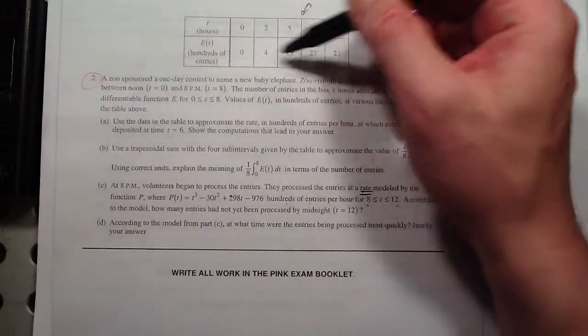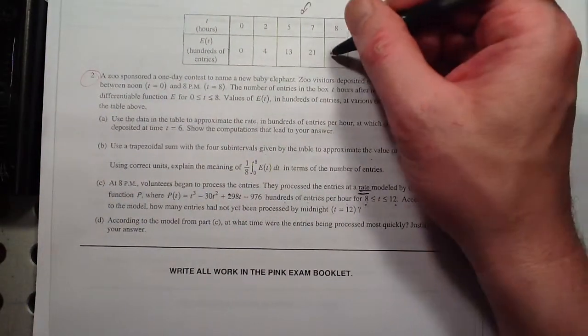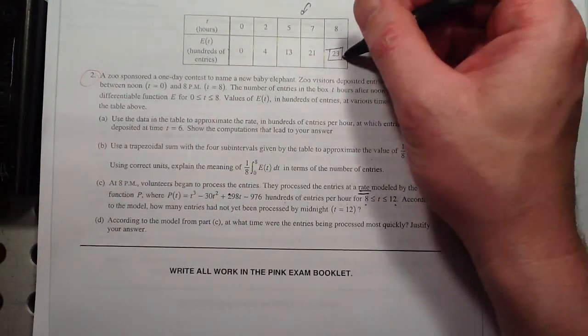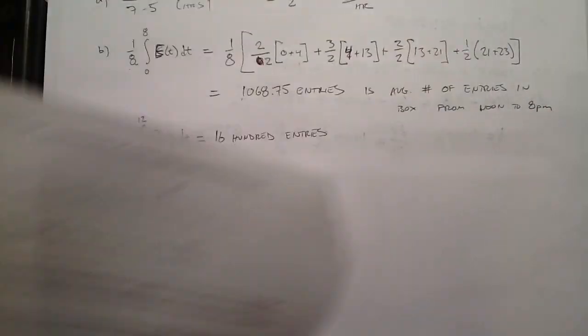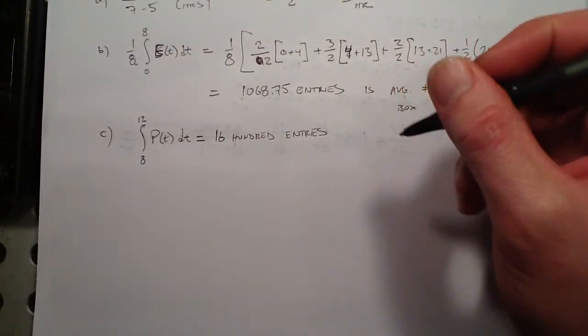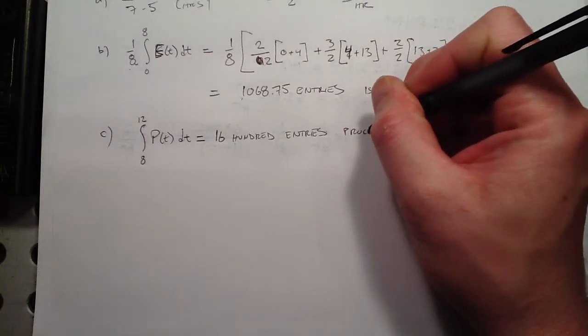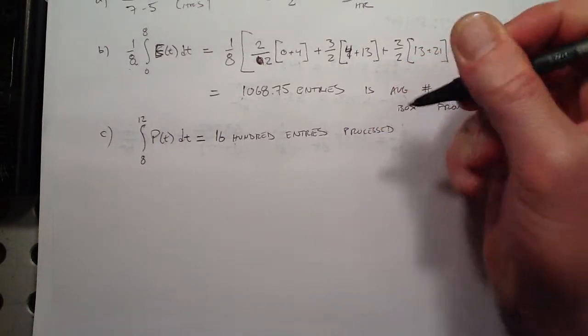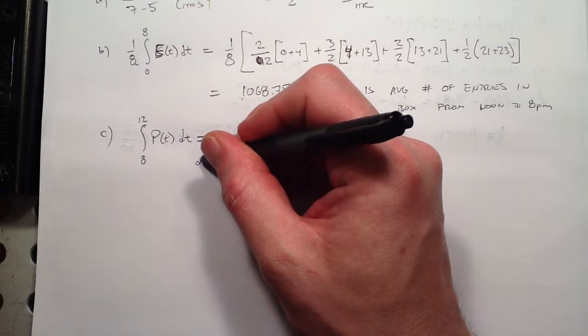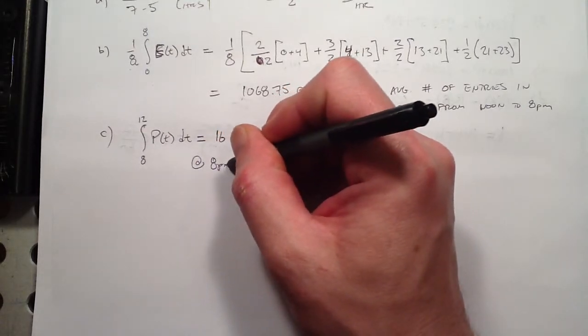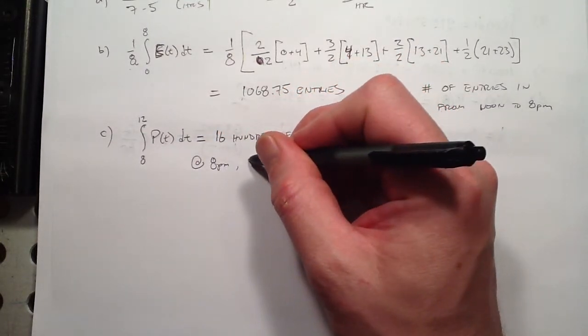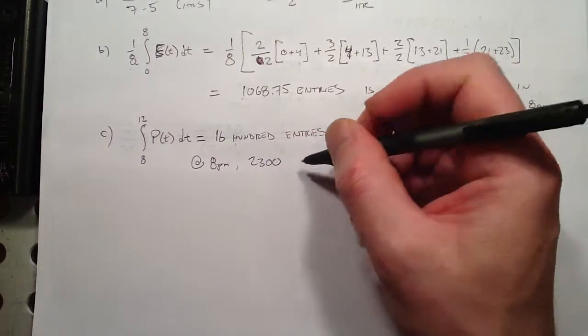after. This is the number of entries in the box, right? So at 8, when it was all over, that's how many entries are in there. So that's the number processed. And at 8 p.m., there were 2,300 entries.